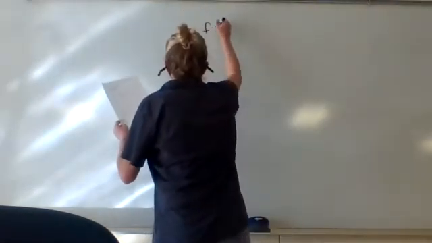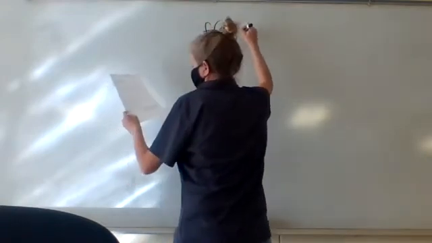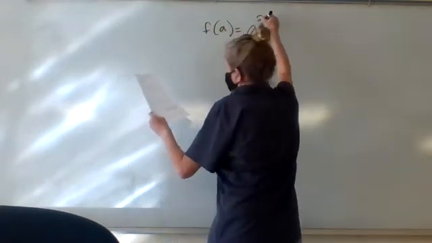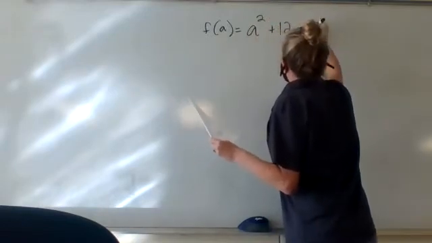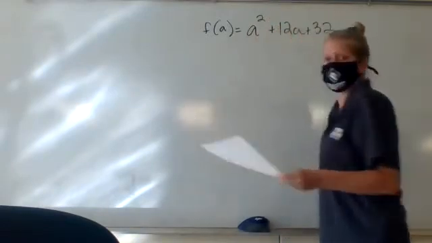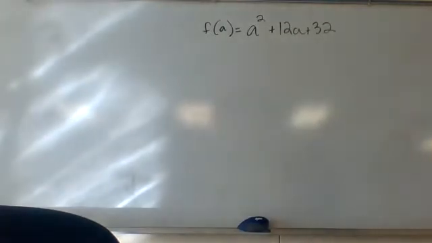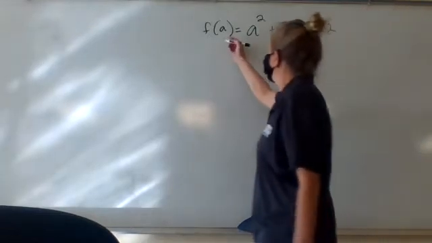Okay, number 5 says find the zeros of the following function. f of a equals a squared plus 12a plus 32. So if I'm going to find this by hand, the first thing I'm going to do is turn my f of a into a 0.